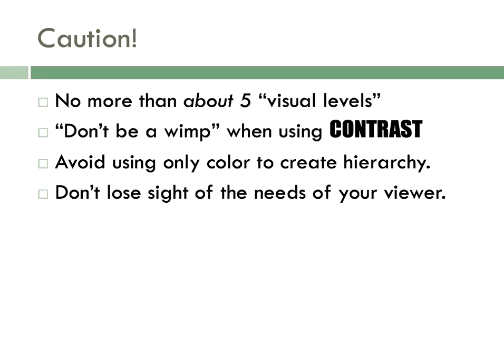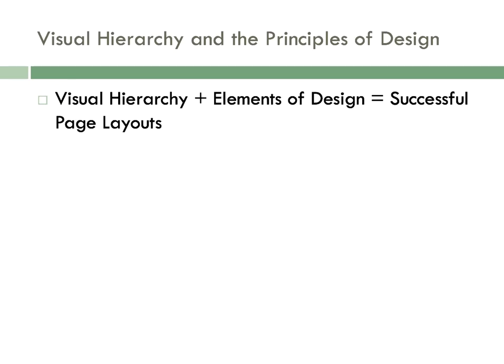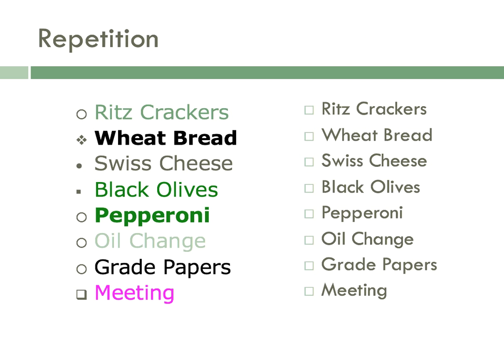All right, so how does visual hierarchy fit when we're looking at applying this with the information we've already learned? Visual hierarchy and the principles of design come together to make successful page layouts. Some examples here. If we have this list on the left, Ritz crackers, wheat bread, and so on and so forth, we can strengthen this list or this group of items just by applying repetition.